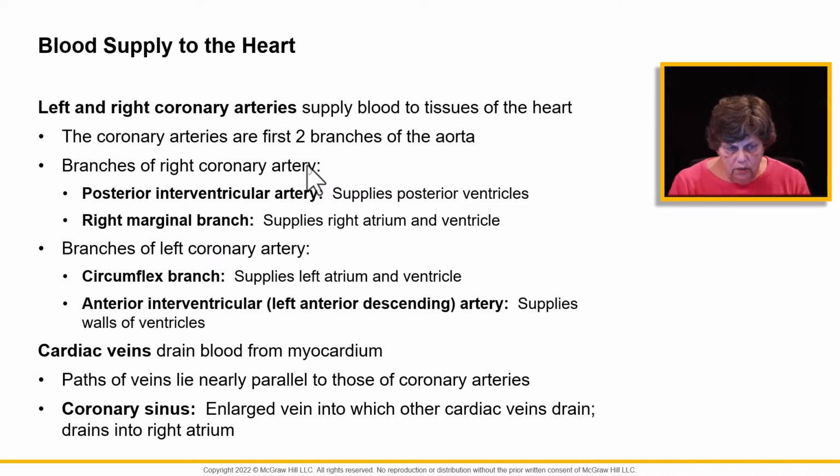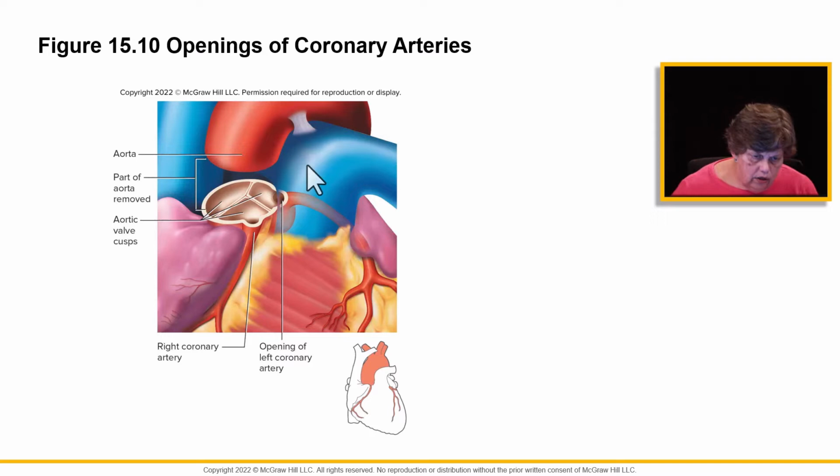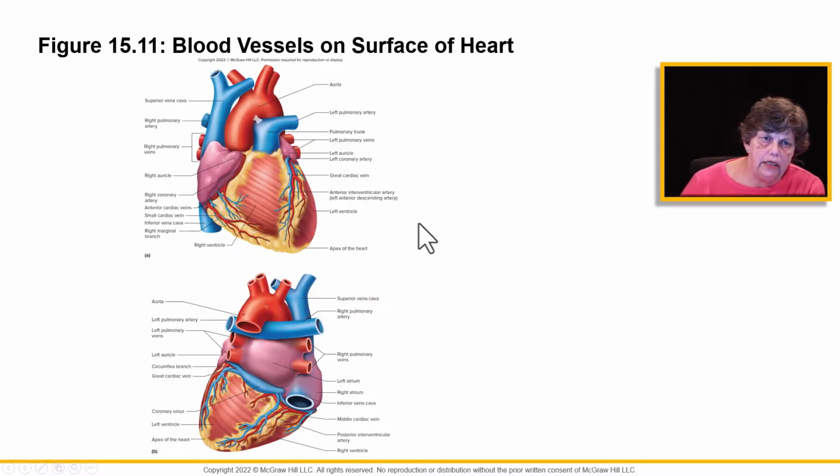So that's going to supply it. Then you're going to have cardiac veins that drain that blood from the myocardium, and it's going to go into the coronary sinus, which runs around the area of the heart between the atria and the ventricles. You can see this right here. This is your coronary sinus right in there.